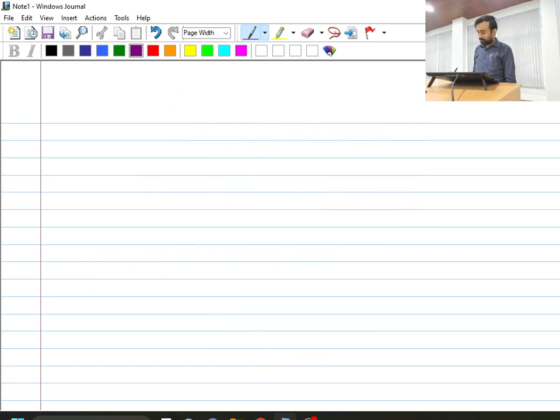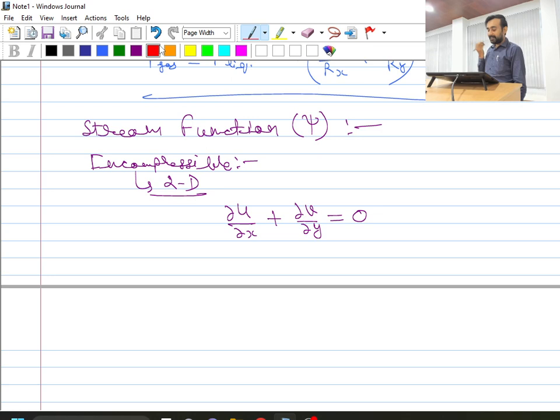Now, if I consider a mathematical operator in such a way that this equation is completely satisfied, I can consider any scalar quantity psi such that the u component of the velocity is equal to del psi by del y, and the v component of the velocity is minus del psi by del x.